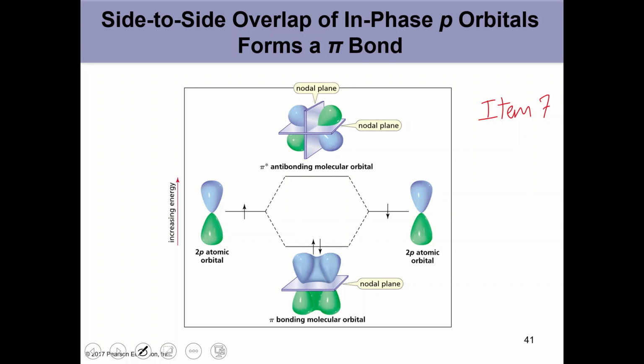And so when two p orbitals combine, we get two new orbitals, which are called the pi bonding orbital and pi anti-bonding orbital, represented by pi and pi star.